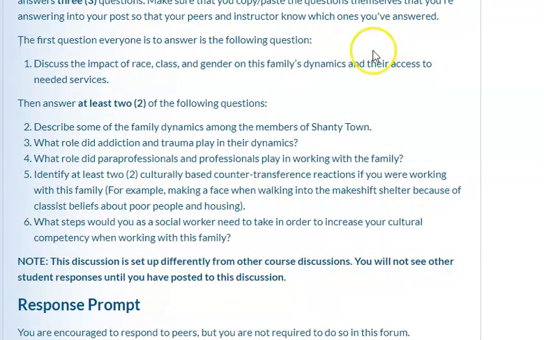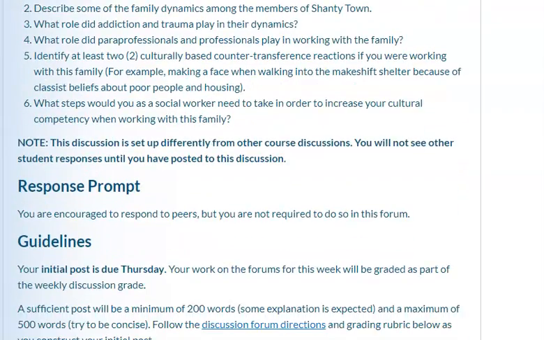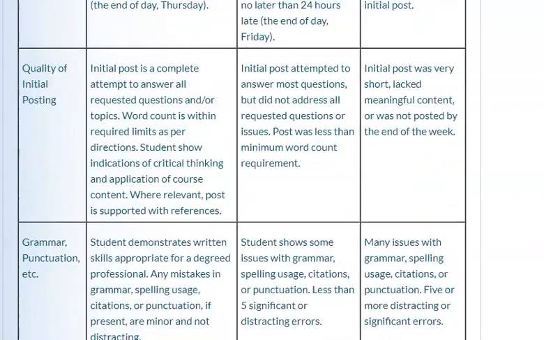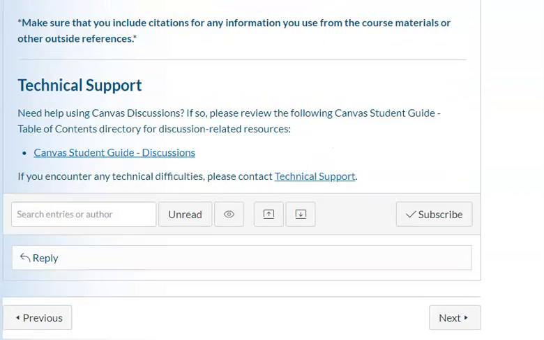So you have 5 possibilities to choose from, and then you're going to answer 2 of those questions. Your initial post is due by Thursday, your follow-up is due by Sunday, and the rubric for that is also noted.